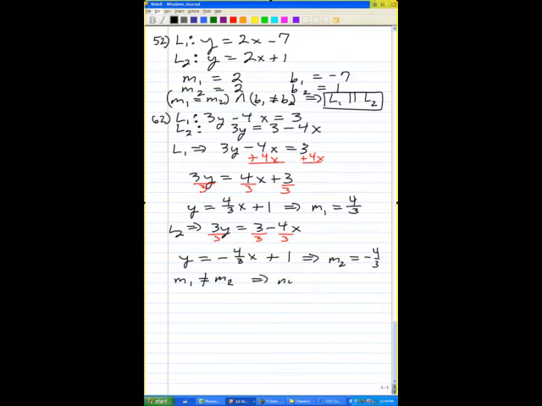And the slope of the second line is not equal to the negative reciprocal of the slope of the other line. So therefore they're not perpendicular. Therefore, they're neither parallel nor are they perpendicular.